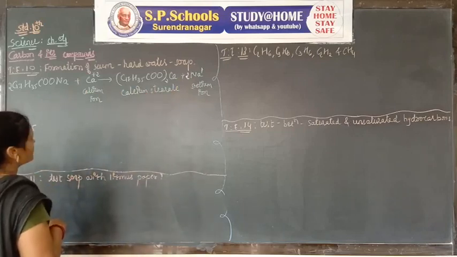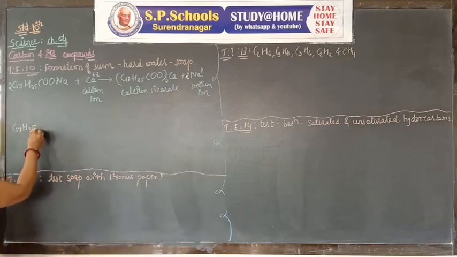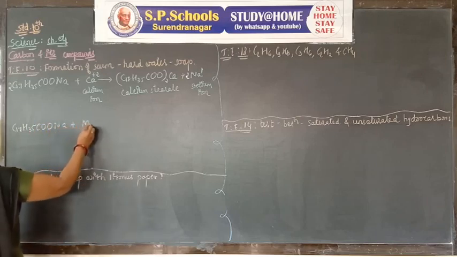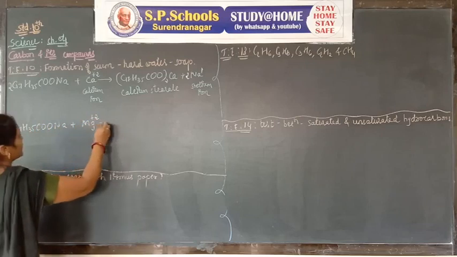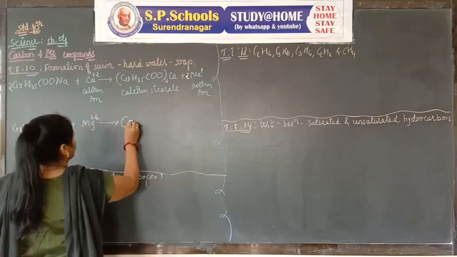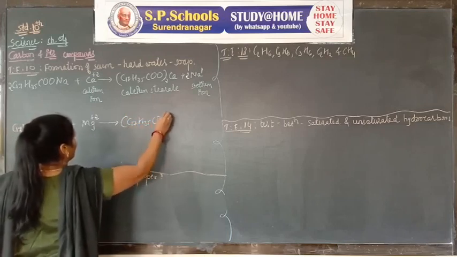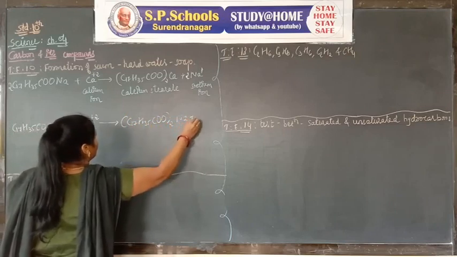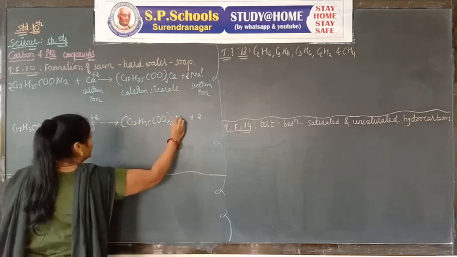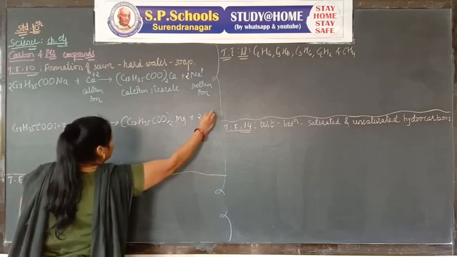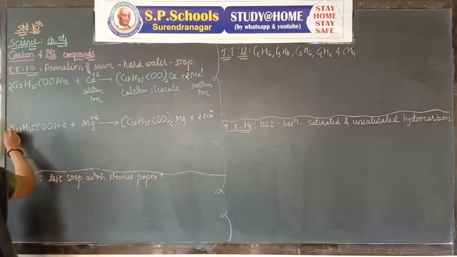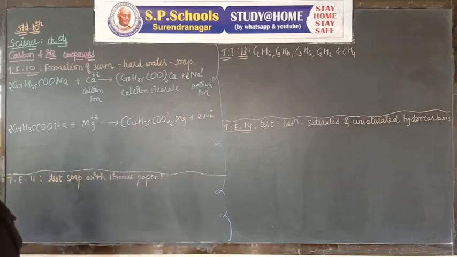C17H35COONa reacts with Mg2+ to give (C17H35COO)2Mg plus 2Na plus.